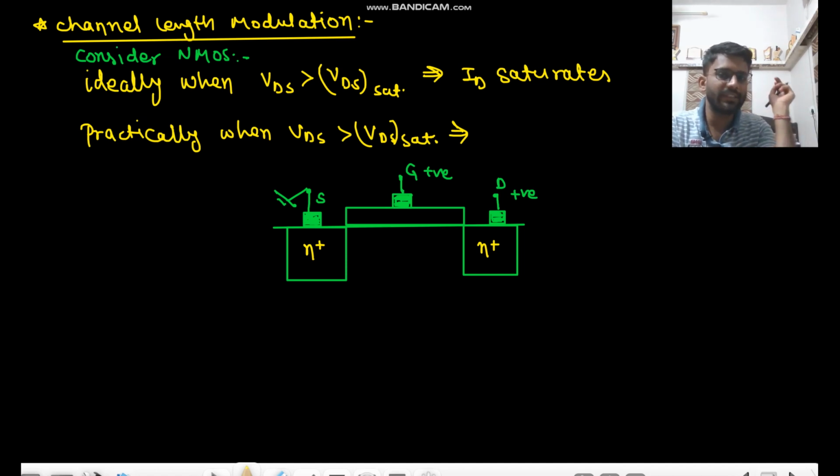But practically, what we see here is that when VDS is greater than VD saturation, ID increases slightly.